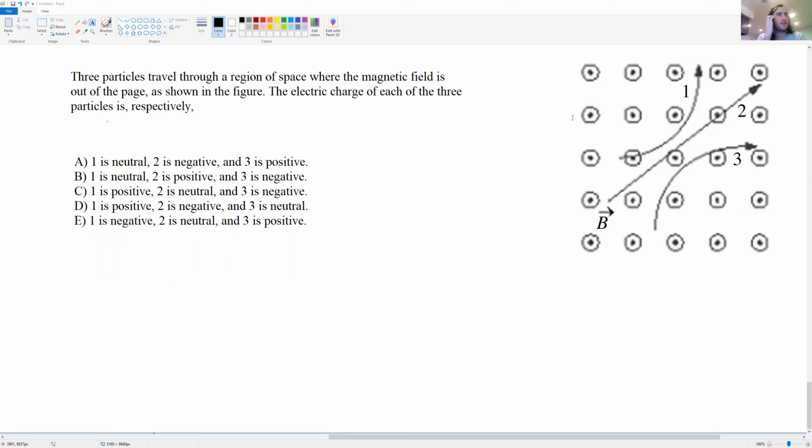Direct message me your answer in the next 1 to 2 minutes, and I will match you up in groups if there is disagreement to try and convince the other person that you have the correct answer. Focus on the reasoning, right? So be ready to articulate your reasoning as to why your answer is correct.